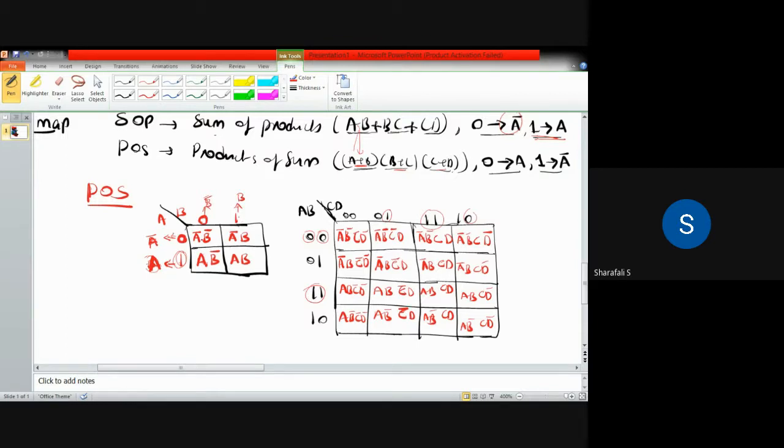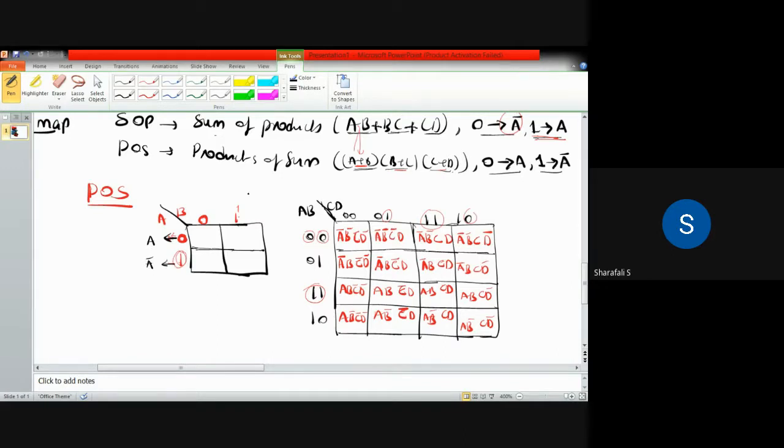So in each of these cells, what will happen? Okay, so we will just represent it in the same way for the case of POS. So we have a 2 by 2 K map here. In POS form, 0 means A and 1 means A bar.